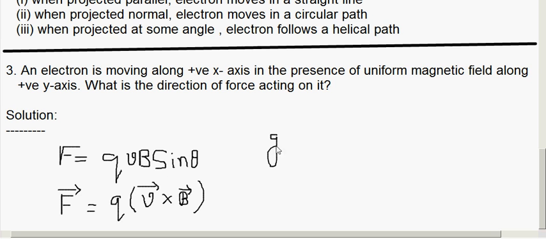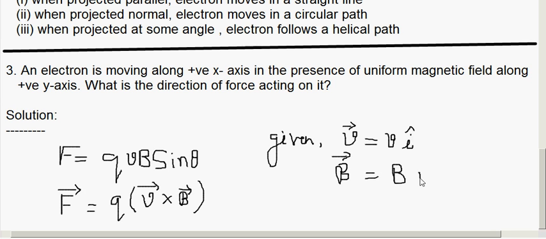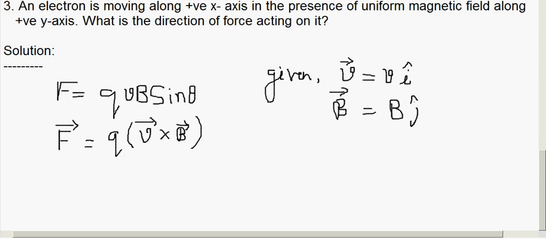Now given v is along the x-axis, v i, and also given magnetic field B is along the y-axis, B j, unit vector j. Therefore F can be written as equal to q into v i cross B j.